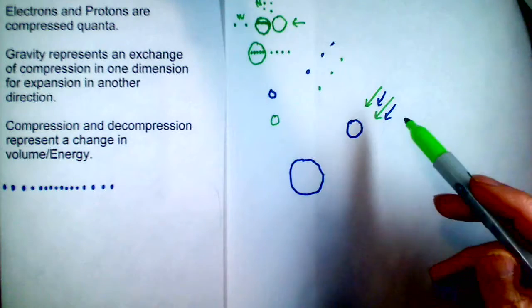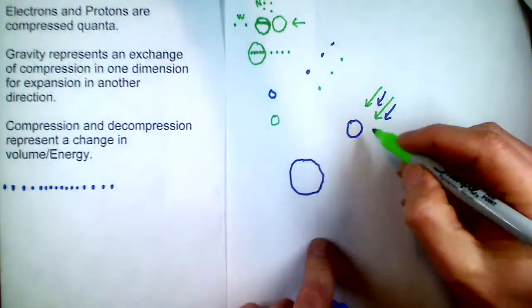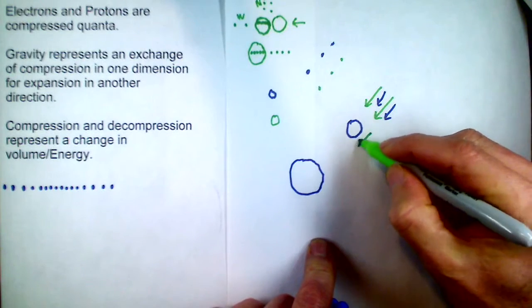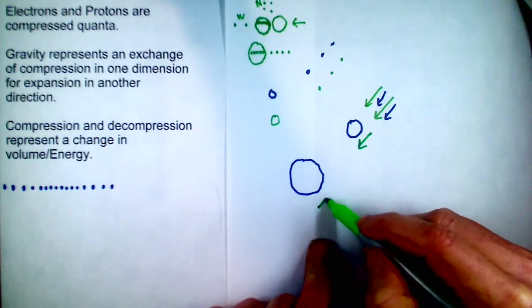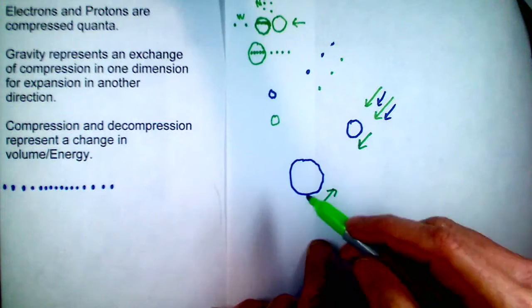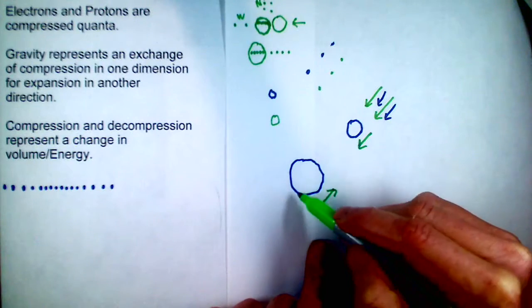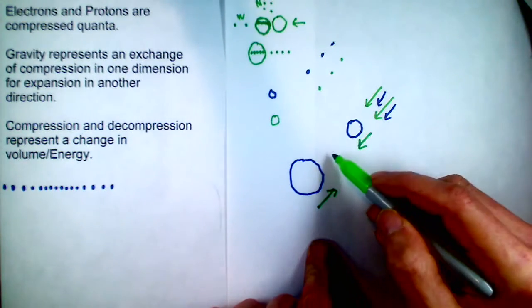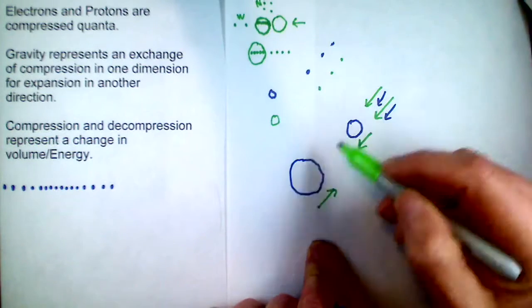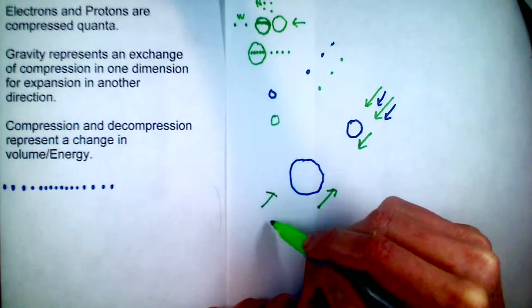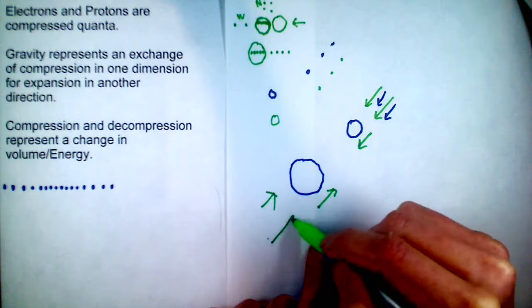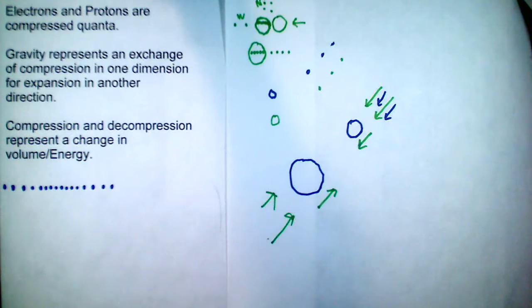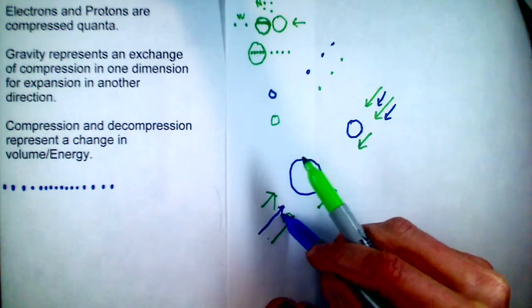So it now just becomes a volume equation, and it makes it so much easier to understand that what's happening in gravity is that as you accelerate this, and this is accelerating towards this, they're adding compression in this direction towards each other. So that means they're absorbing arrows that are coming in from this direction, and they're compressing those into the matter, so to speak.